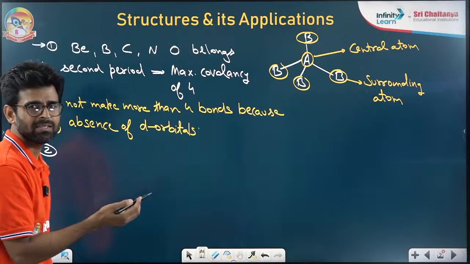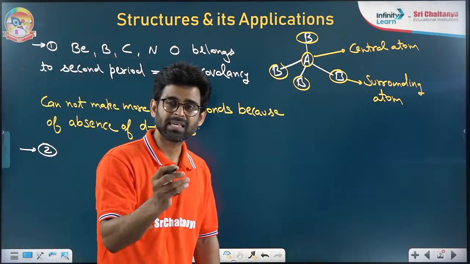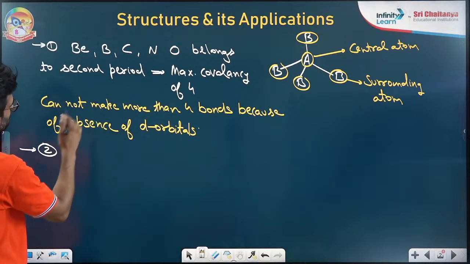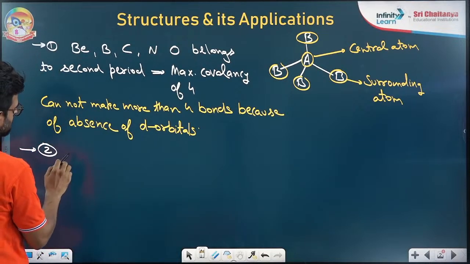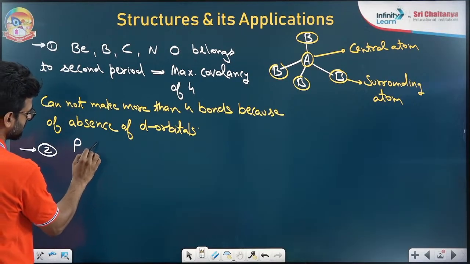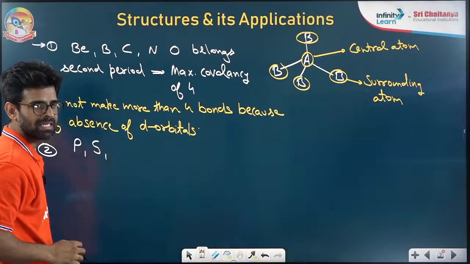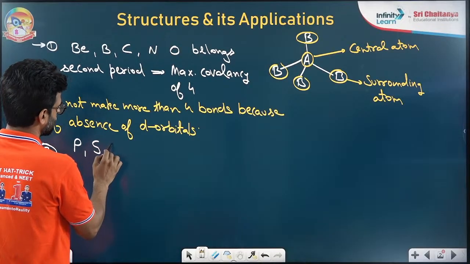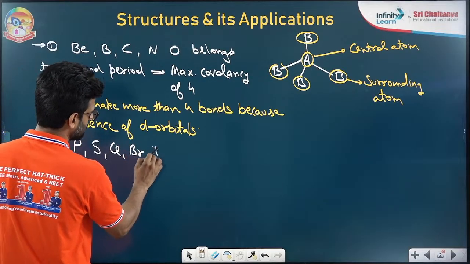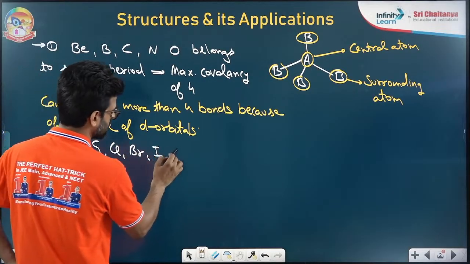Other than this, which elements will you see in your NCERT, in your syllabus, all the time? Most of the time you will see phosphorus, sulfur, chlorine, bromine, iodine, and if I take xenon also.